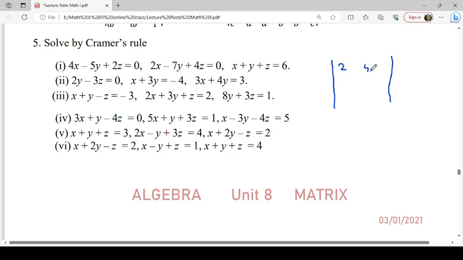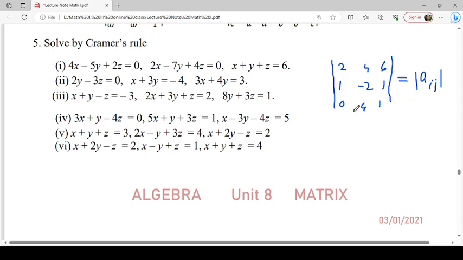Say 2 4 6, 1 minus 2 1, 0 4 1. So this is also an array. In the case of a matrix, we use a round bracket or square bracket, but here we use this modulus bracket. So here it is a third order determinant, meaning the row number equals the column number.